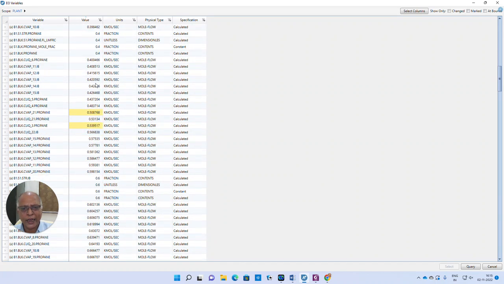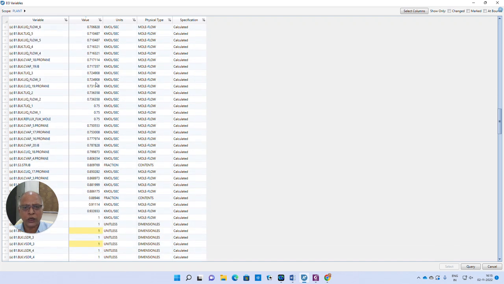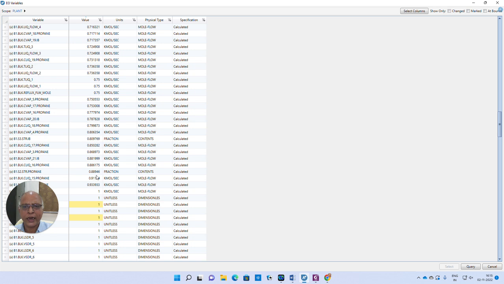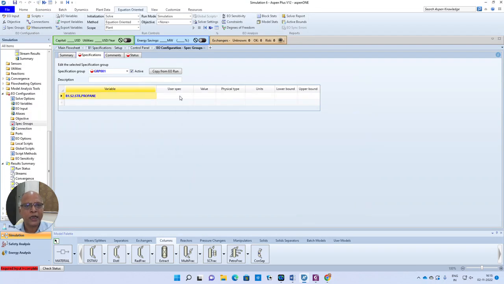Remember, this value is being calculated when you run the simulation in sequential modular approach. So I think this is the 0.88946. S2 happened to be the top product. So stream, propane, fraction. This is the variable that I am interested in. So let me select this variable. Earlier, remember, this was being calculated, being a variable associated with the output stream.